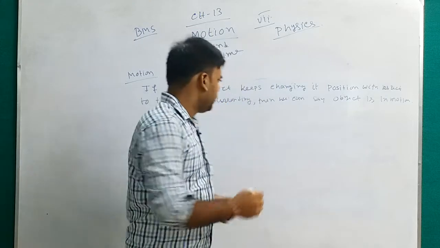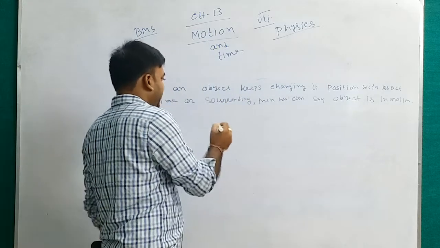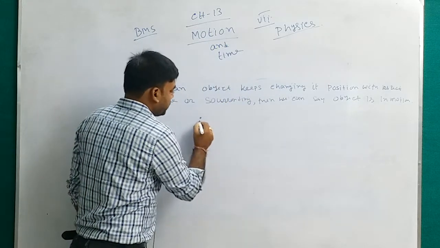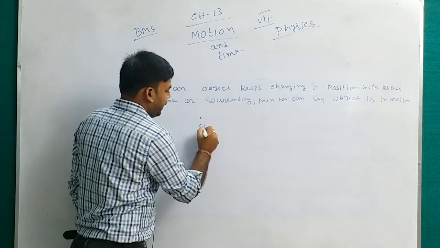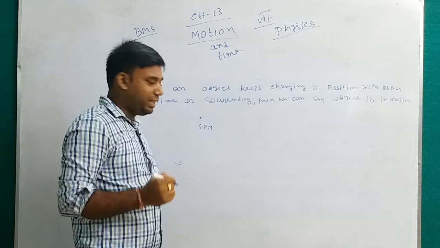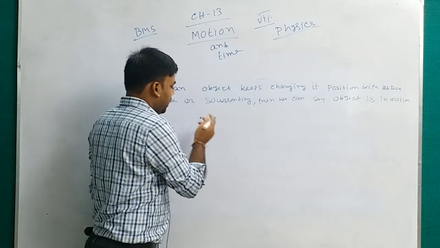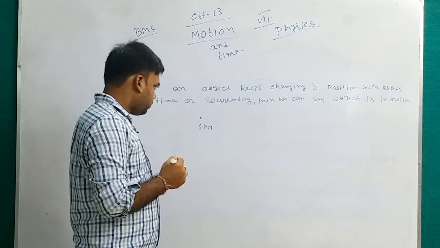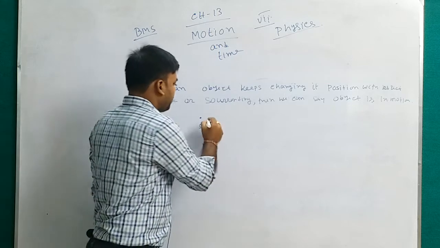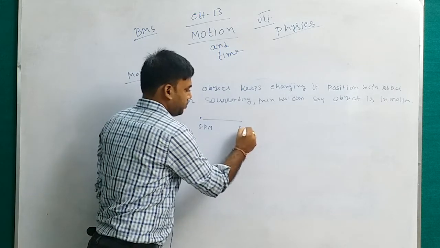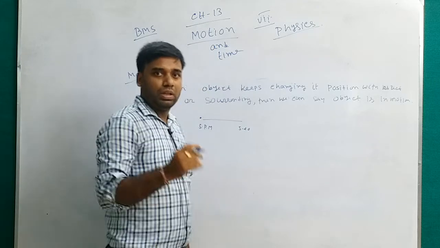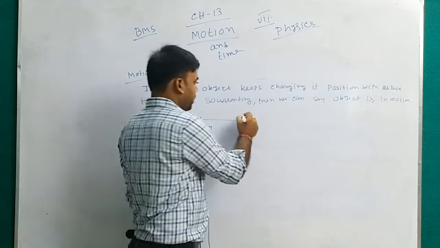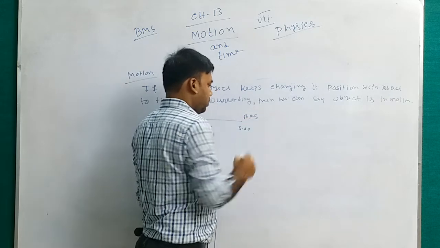Surrounding means, suppose you are on the Bardhaman station road at 5 p.m., and after some time, at 5:30 or 5:40, you have reached the Bardhaman Model School.